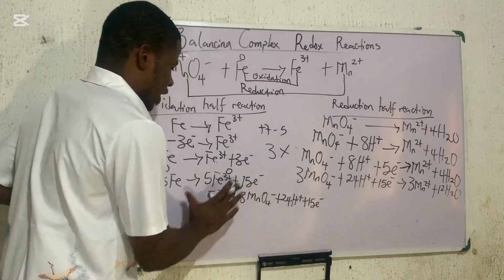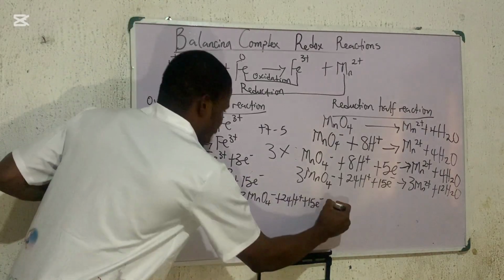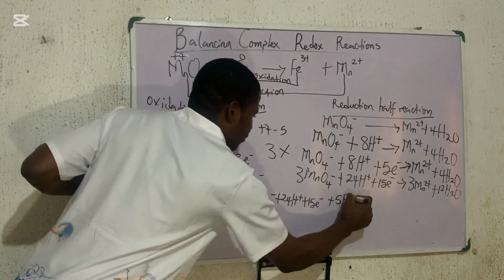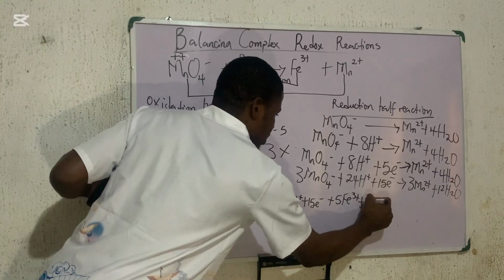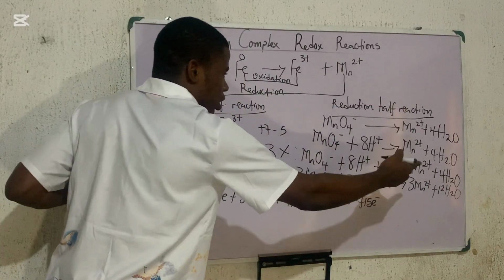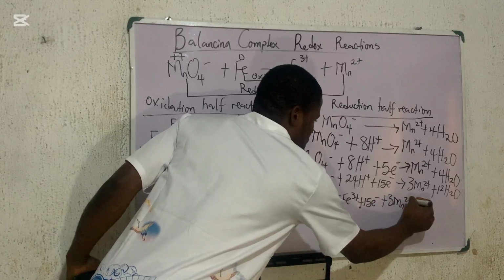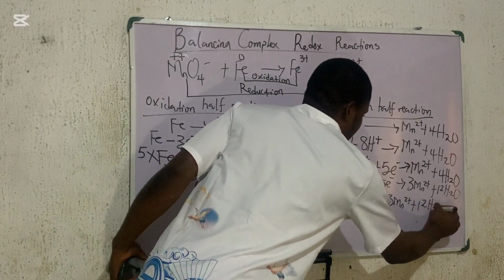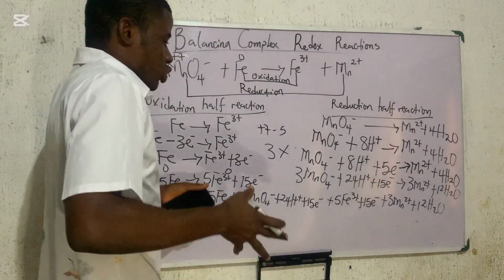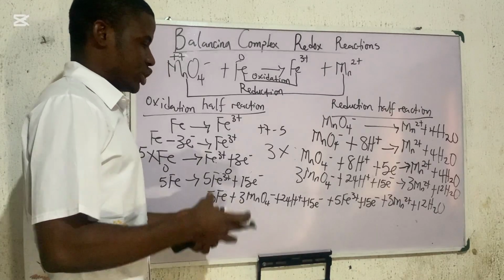These are the reactants. The products on the oxidation side, I have plus 5 Fe3 plus 15 electron. On the reduction side, the products are plus 3 Mn2 plus 12 H2O. Now I've joined reduction and oxidation together.